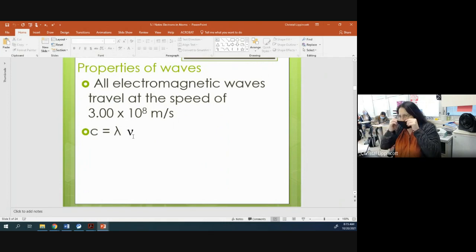So if your speed of light is held constant, which we said it's going to be, and I make my wavelength longer, so my wavelength is a bigger number, what's going to happen to this guy? And vice versa.